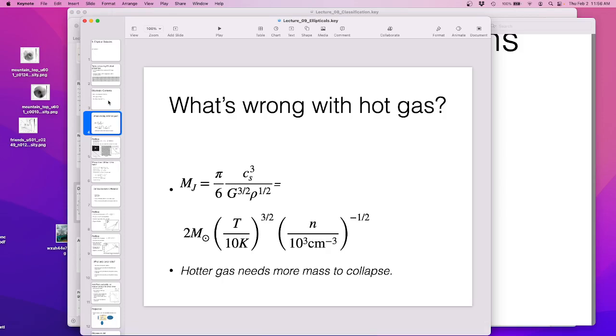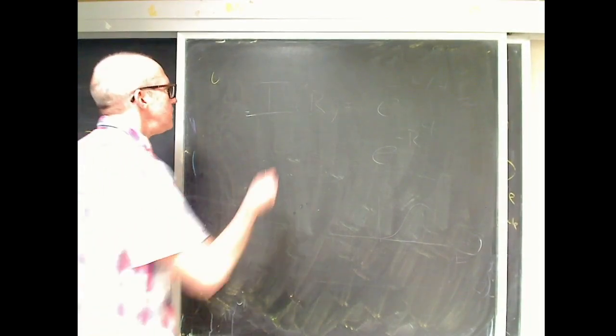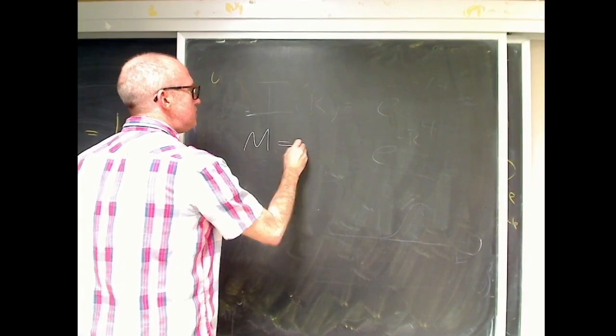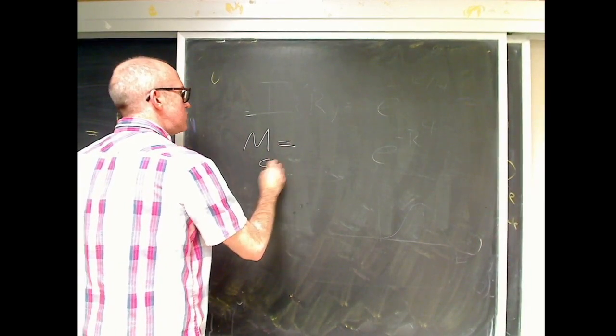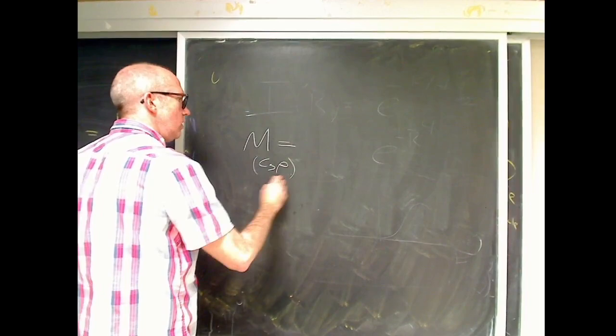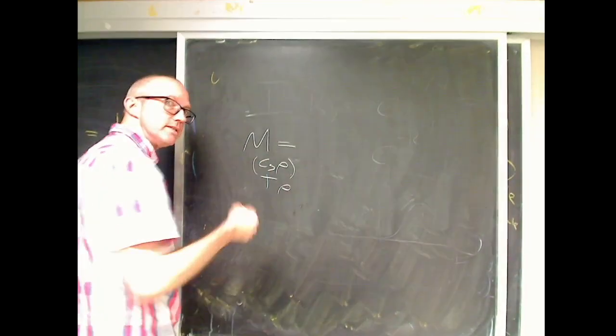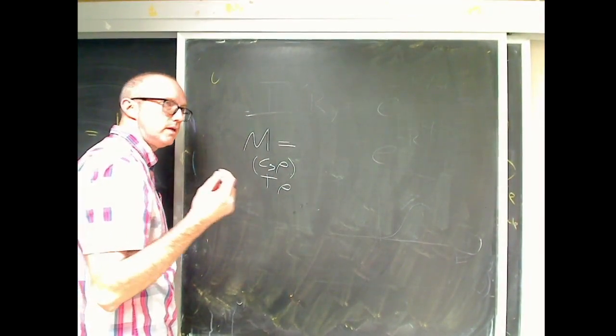This is the format for writing things down. Astronomers like to do this. Chris McKee really likes to do this. It's a funny way of looking at things, and I'm just going to talk about it for a second, because you'll see it a lot, and until you're used to reading it, it may not make much sense. What we say is that the Jeans mass is a function of the sound speed and the density, or the temperature and the density, because the temperature and the sound speed are related to each other.